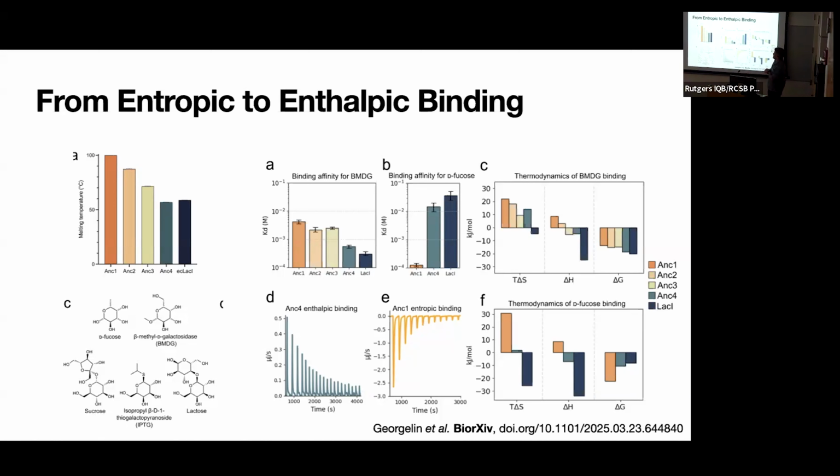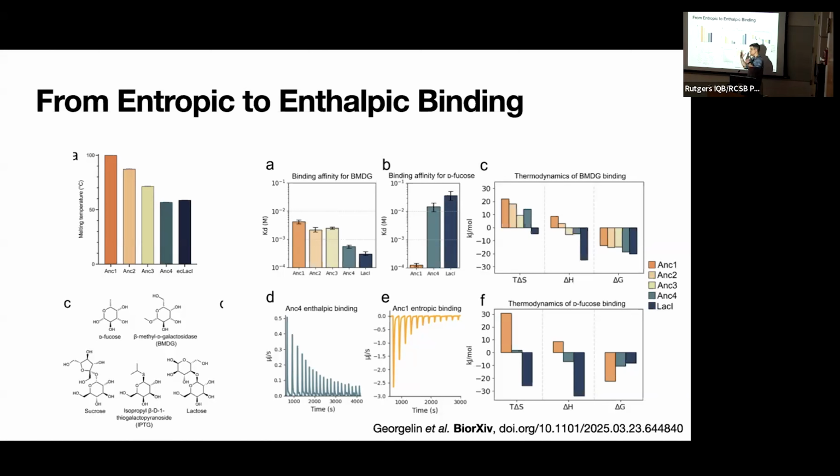So what we see here is the KD, so lower is higher affinity. ANC1 starts off with some promiscuous binding of BMDG, relatively weak, and then progressively over an evolutionary trajectory, it ends up with a very high affinity binding contemporary LAC-I protein. So this is a classic story.